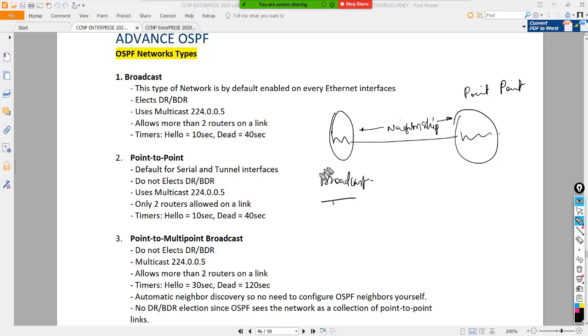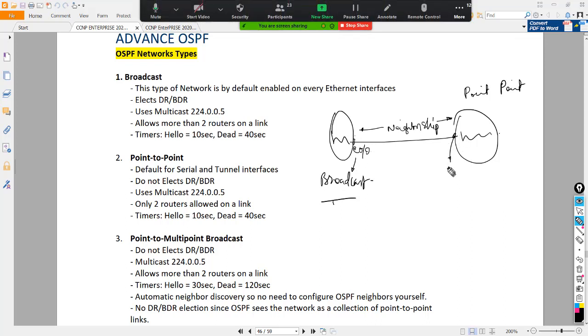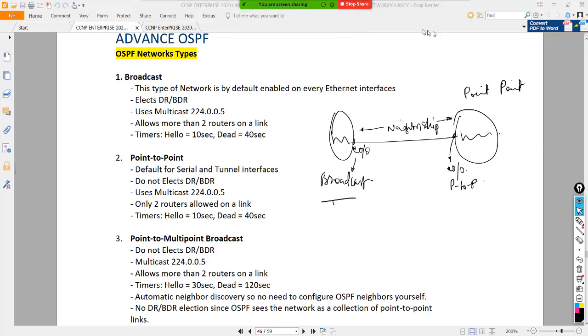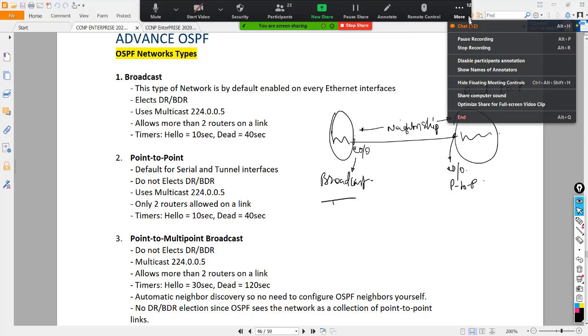On one side, I have broadcast configured. Let's say this is E0/0. The network type of this interface is broadcast. On the other interface, I have configured point to point. So what do you think? Let me just see the chat window.